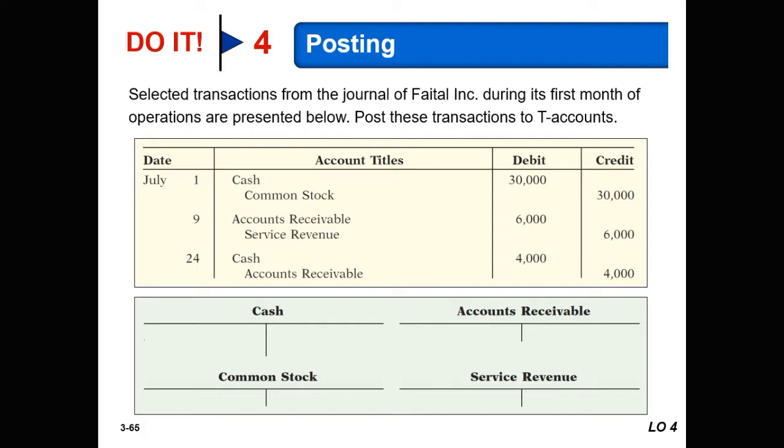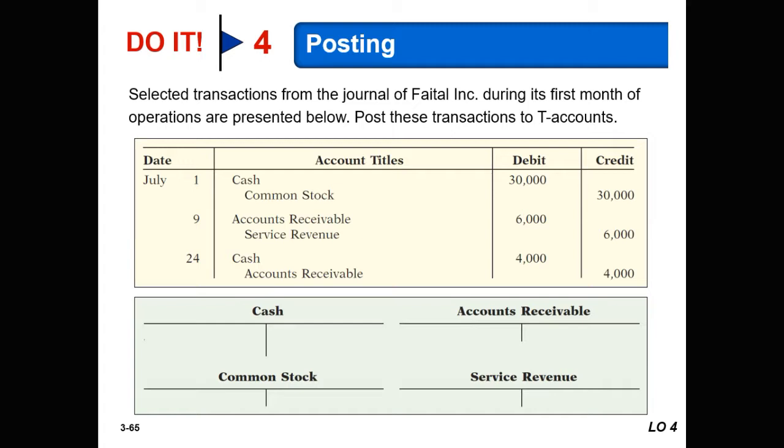We'll take just a second to work on the do it. In regards to posting, I'm going to go with Fatal Incorporated during its first month of operations. They want us to post these transactions to the T accounts. So on July 1st, we received $30,000 worth of cash in exchange for $30,000 worth of common stock, it looks like.